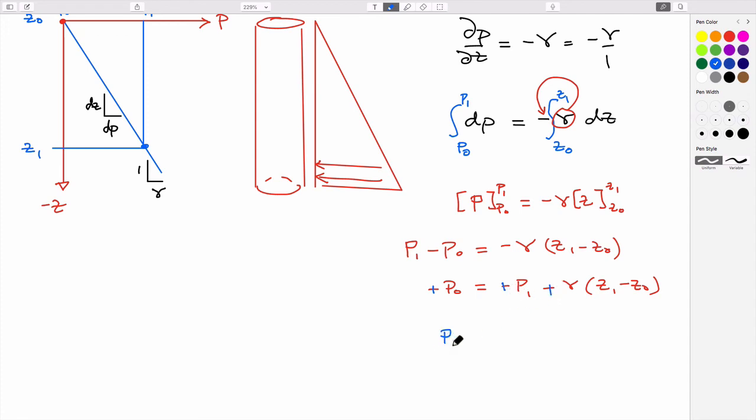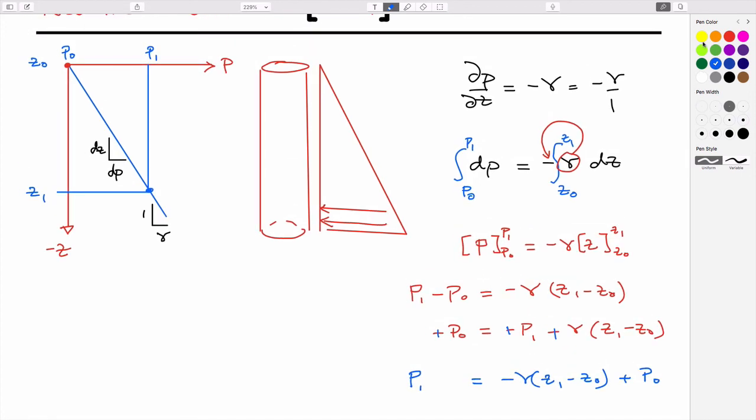I wanted P1, so let's do it for P1. P1 is equal to minus unit weight times (Z1 minus Z0), plus P0. And if this is atmospheric, then P0 is equal to 0 in this case.